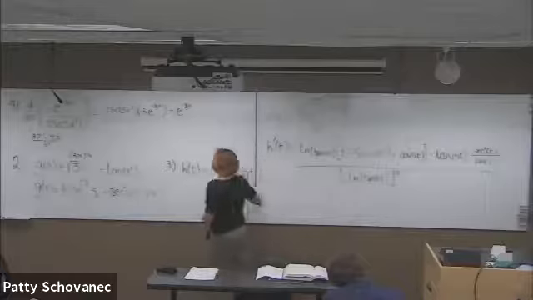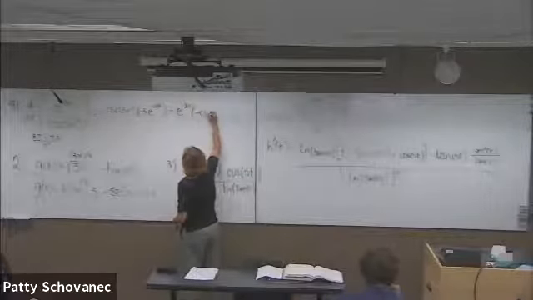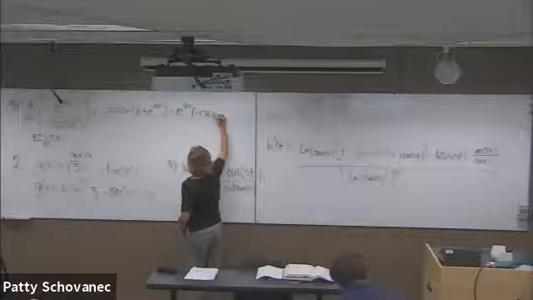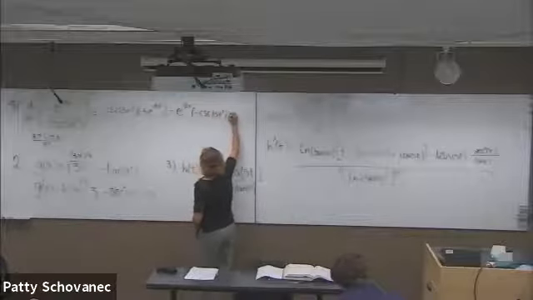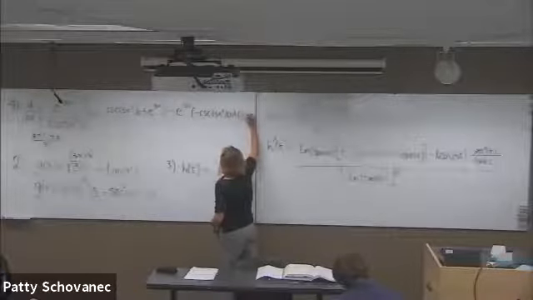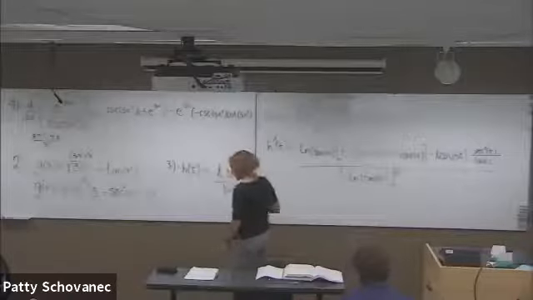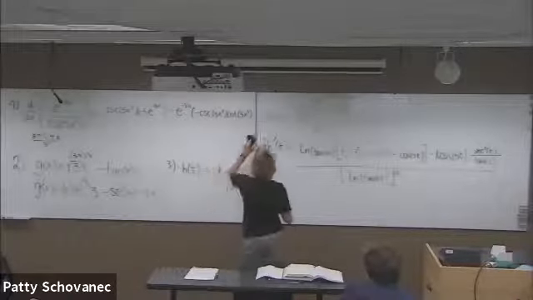What's the derivative of cosecant? Minus cosecant of the same angle, so I need the 5x cubed, times the cotangent of the same angle, times 15x squared, which is the derivative of that angle.